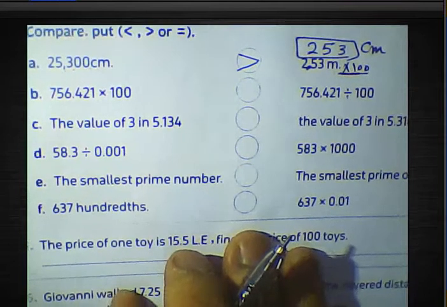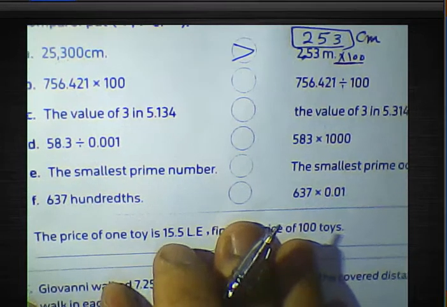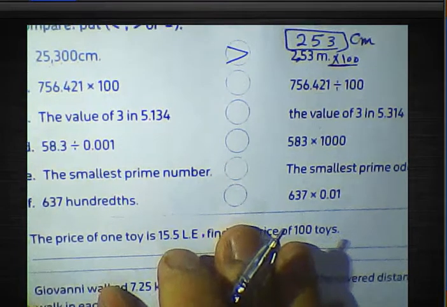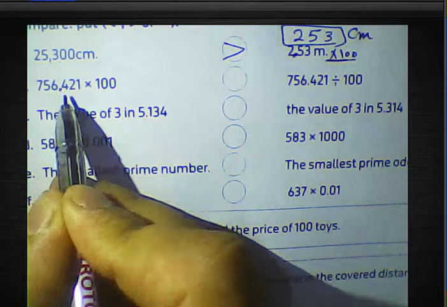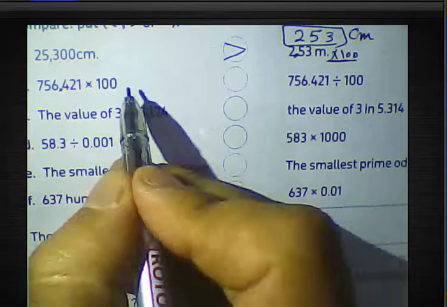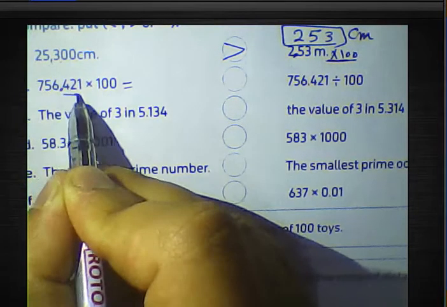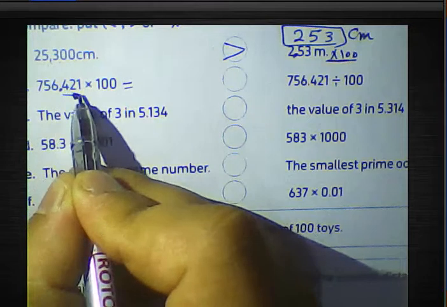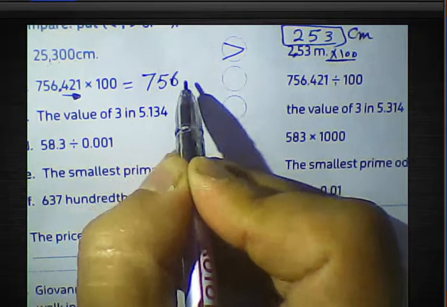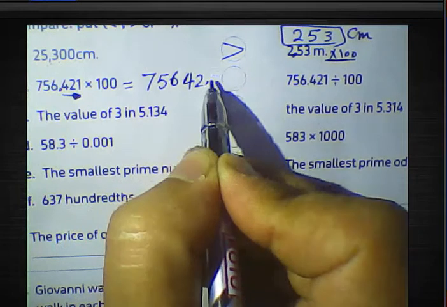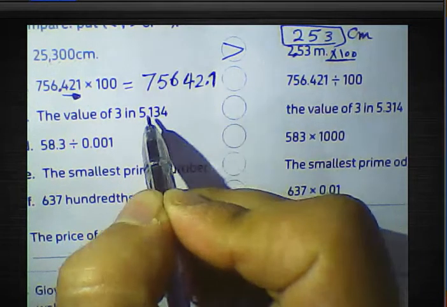And what about letter B? 756.421 multiplied by 100. We can move the point to the right-hand side by two digits. We can write 75,642.1.